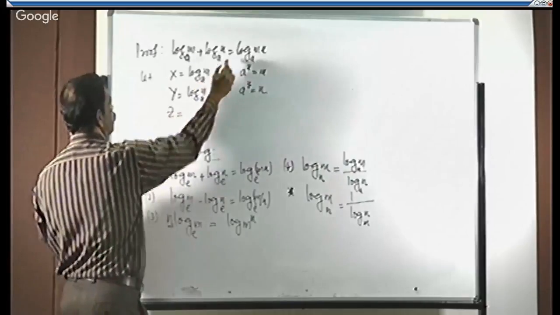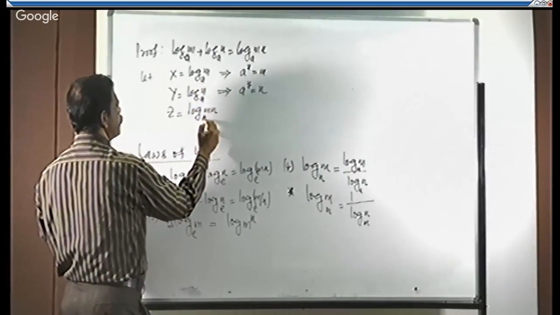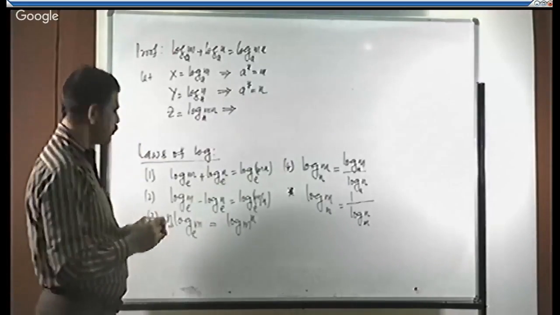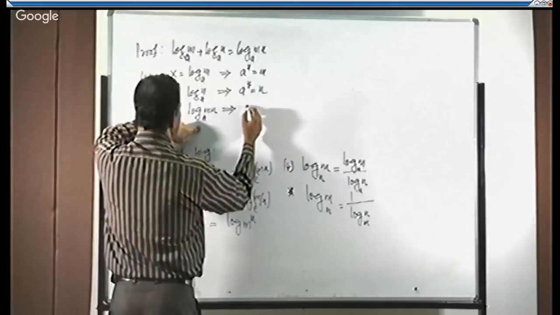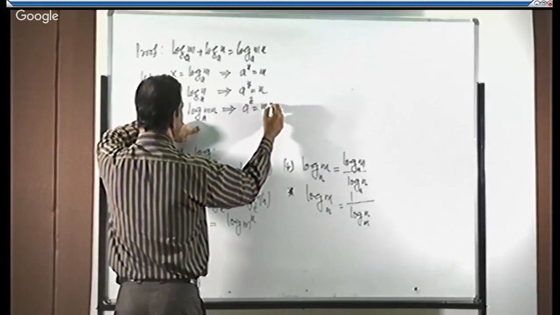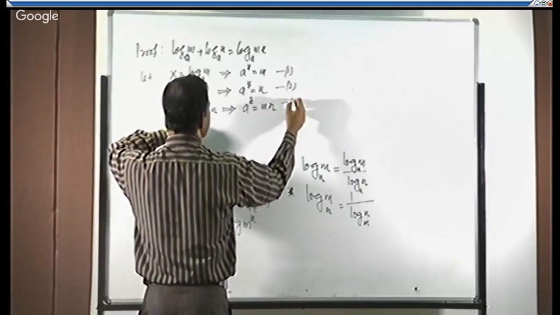And z is equal to log of mn to the base a, which taken to index form is a to the power of z is equal to mn. Consider this is equation 1, this is 2, this is 3.